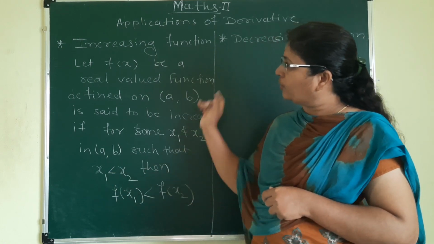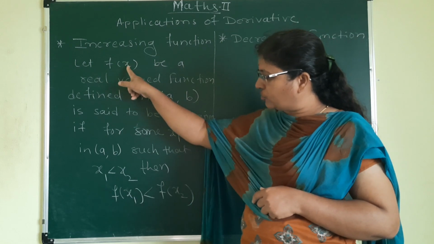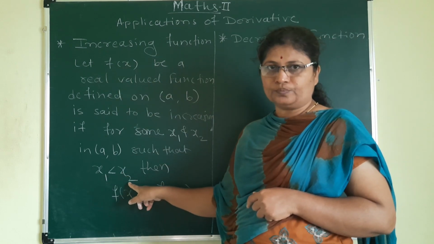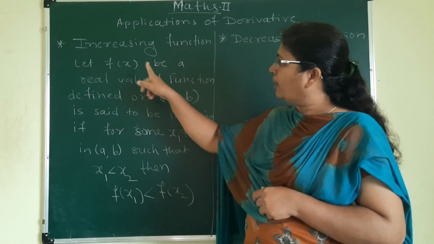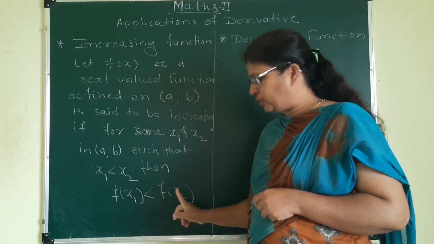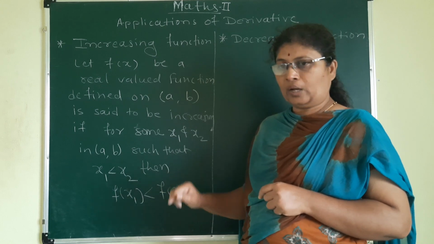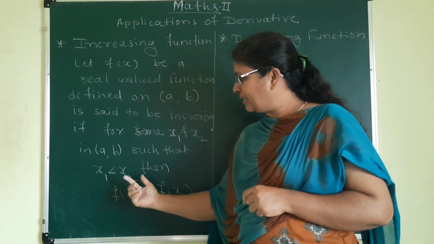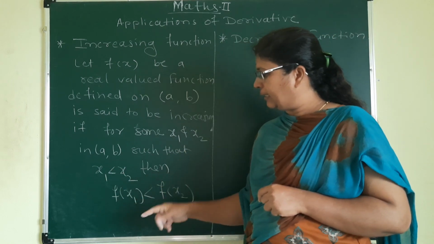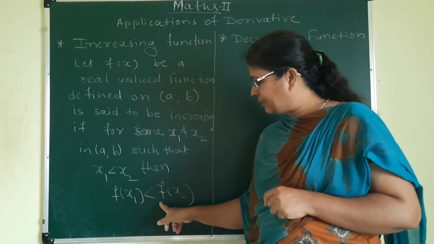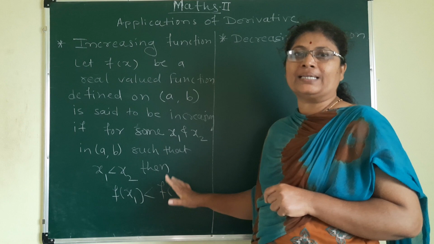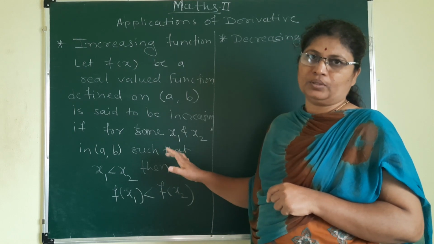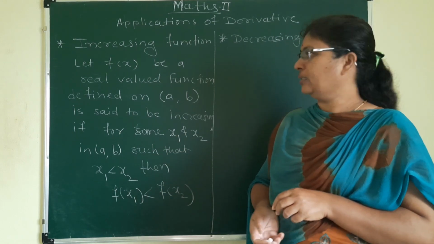And then I will try to find the value of that function at x1 and x2. So the value of f of x at x1 is f of x1, and at x2 is f of x2. Now if x1 is less than x2, then f of x1 is less than f of x2. Such a function is called an increasing function.